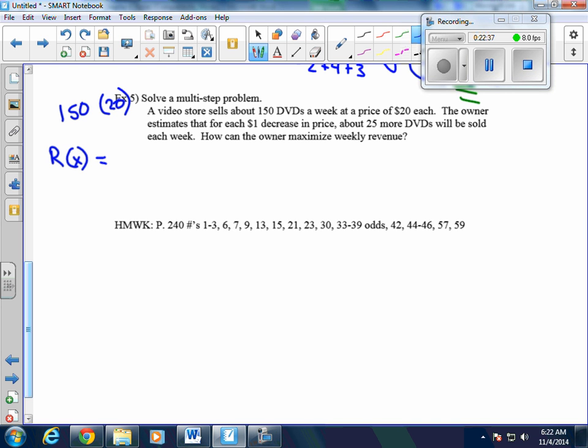Now it says here that the owner estimates for every dollar decrease in price, so if he takes his price and decreases it by $1, that's going to take his number of DVDs, which is 150, and increase it by 25. So here's our function.